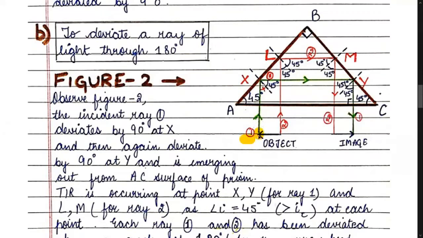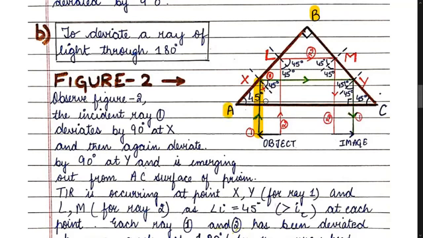Students, now let us see one by one all the rays. The first ray is normal incident on the surface AC. It passes undeviated and touches the point X on surface BA of the prism.